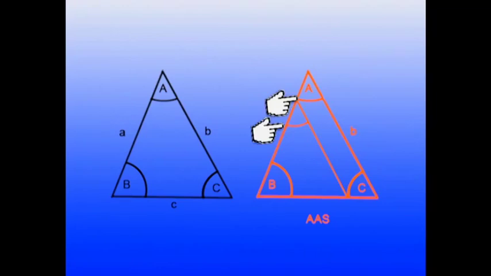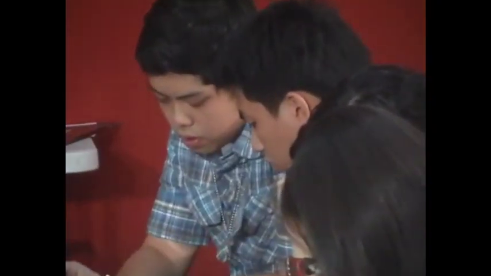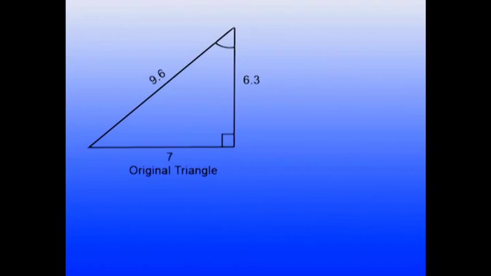Why? Is it by coincidence that those conditions would give us two congruent triangles, AAS? Or will it always happen if you do this one more time or several more times, you will always get two triangles that are congruent? So this is our original triangle. First, we have, for example, this is our given side, the 6.3, and the right angle and another angle from the top.